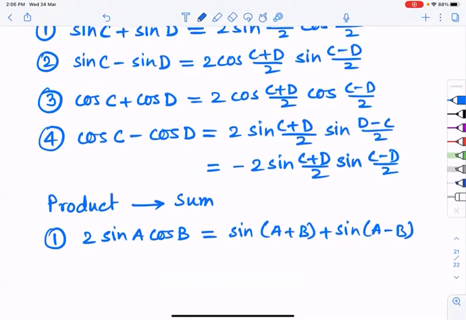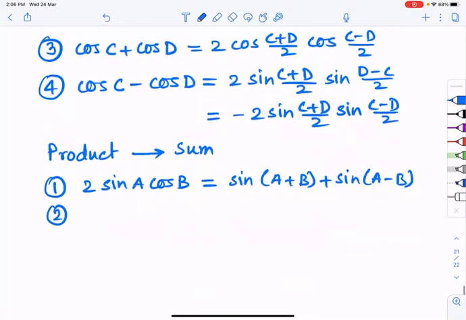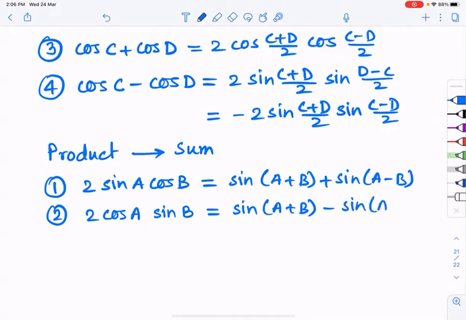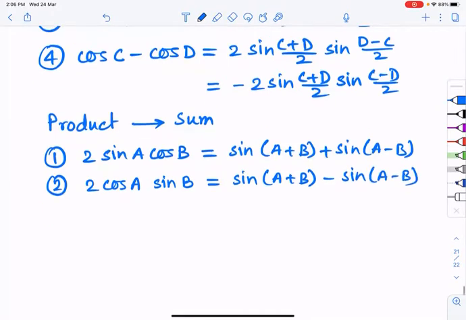And number 2 under this is 2 cos A sin B. So before it was sin A cos B, now it is cos A sin B. This is nothing but sine of (A plus B) minus sine of (A minus B). So when it is first sine then cos, we have a plus; first cos then sine, then a minus sine. That is how we can remember.